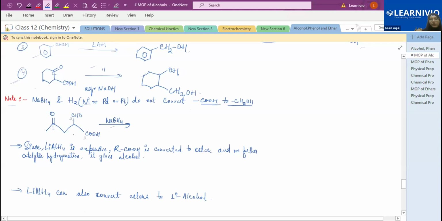Now tell me, Anisa, which carbon will it reduce in this molecule? Ma'am, the ketonic group. Yeah, the first one. Only the first one? No.